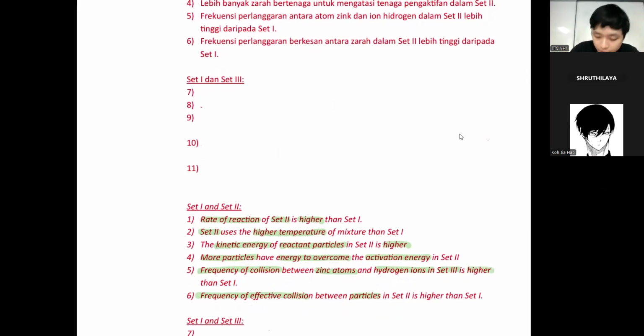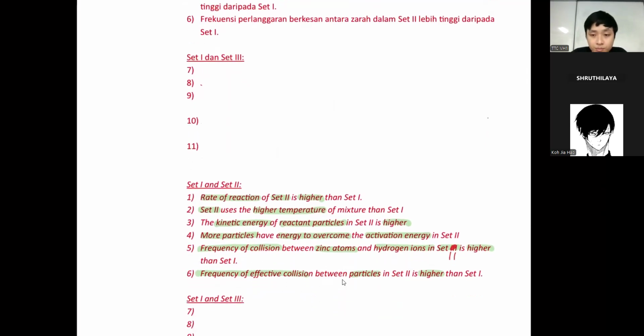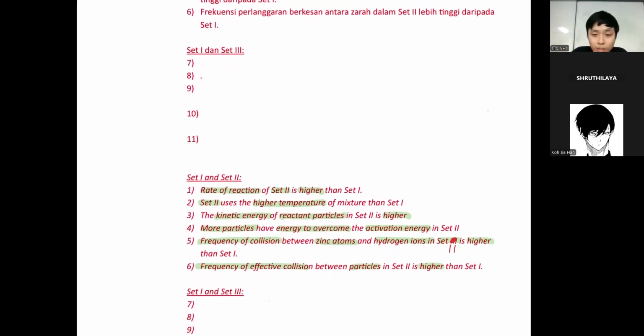The answer scheme got a bit wrong again. I mean set 2, sorry.